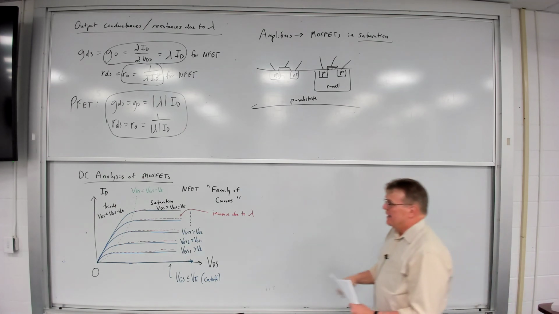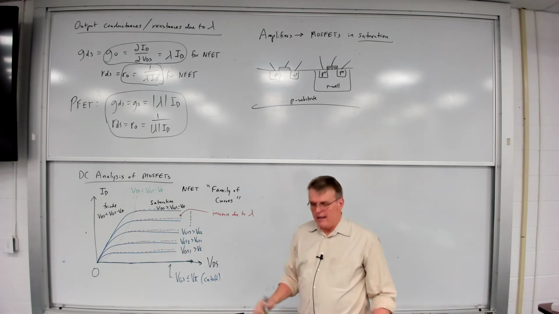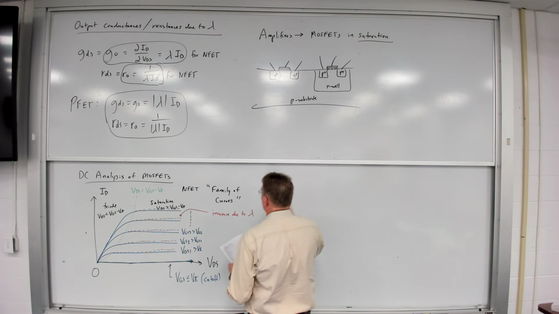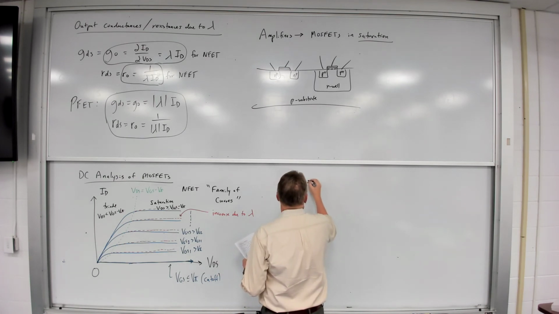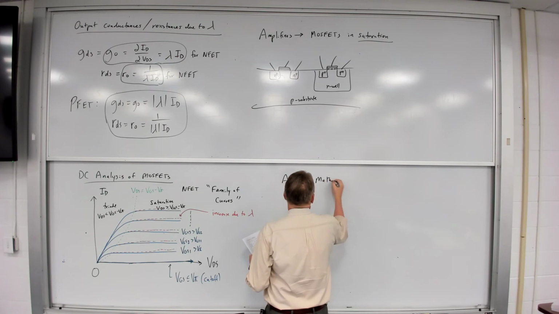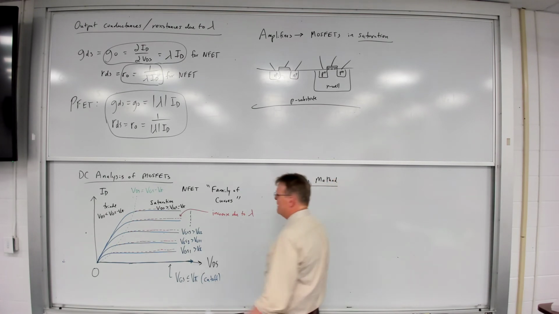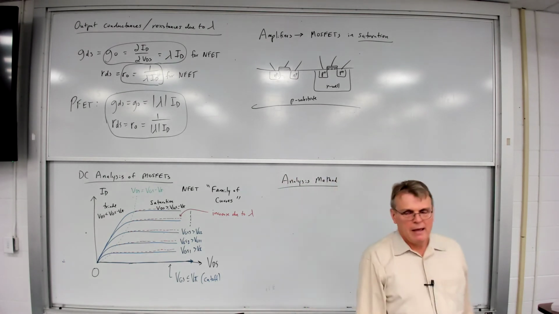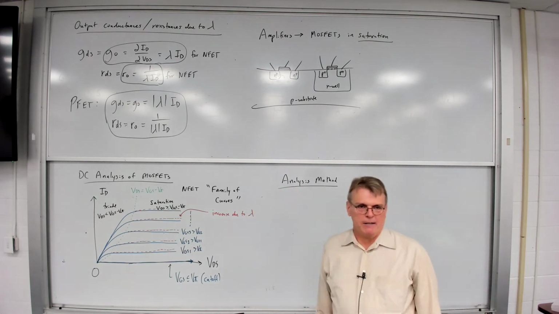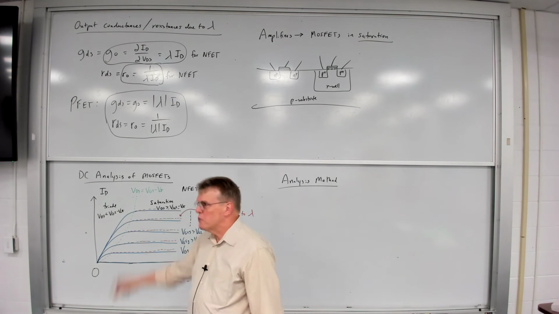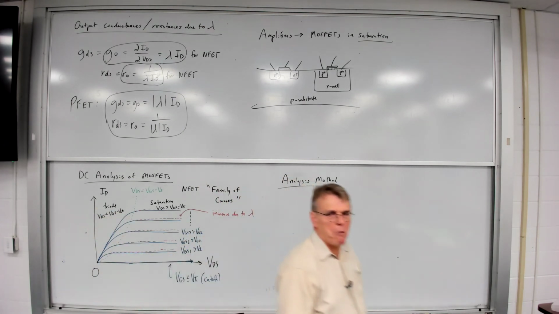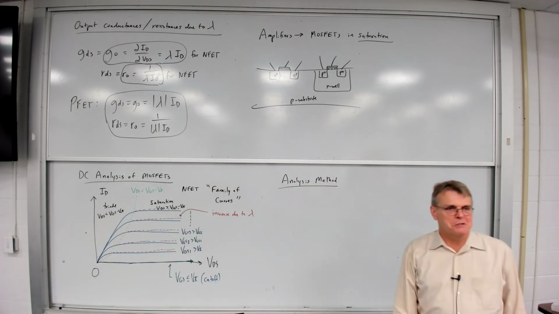So let's consider what our analysis method is going to be. And I hope that this will be kind of obvious to everybody based on what you've been doing so far. If I give you a circuit with a MOSFET, can you tell just by looking at the circuit what the operating condition is for that transistor?